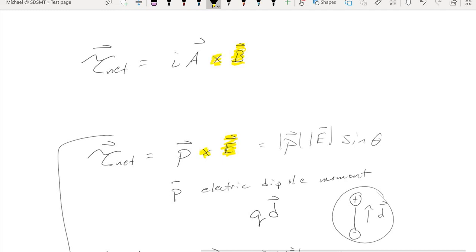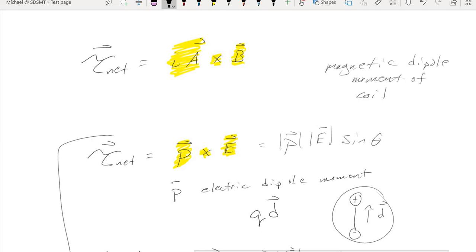The only thing that's left is to have our electric dipole replaced with some analog for a magnetic dipole. And, well, that's what we have there. The combination of current and cross-sectional area of our coil is going to be the magnetic dipole moment of the coil.